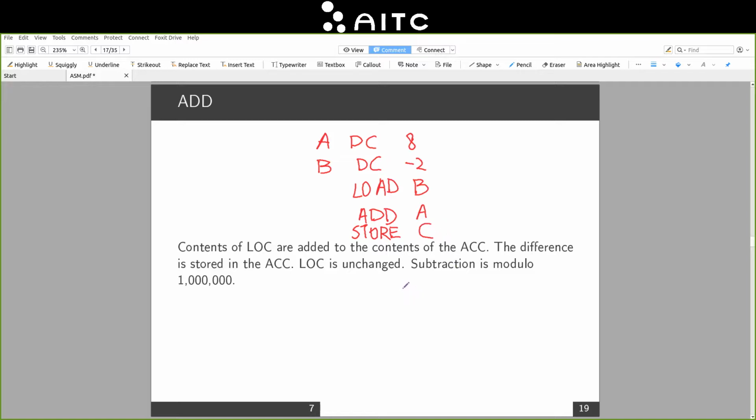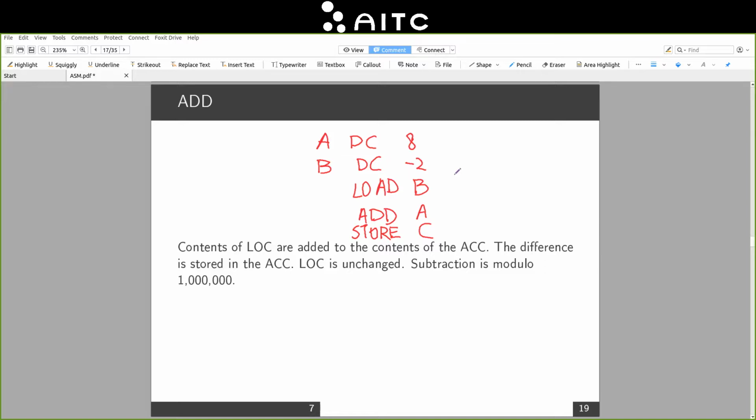Then what will happen? What will the number in C be after executing? Sorry, what does DC mean? DC means assign the number to a variable.